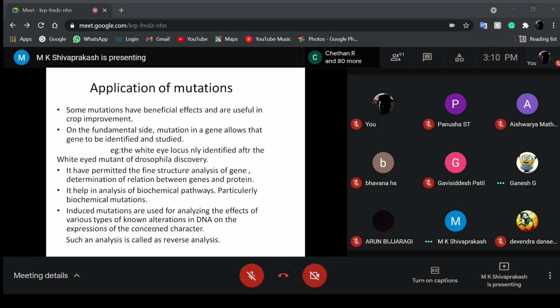Many biochemicals, like value-based biochemicals. In that case, by introducing mutation, one can look into whether there is enhanced production or decreased production, or whether the production loses its control.